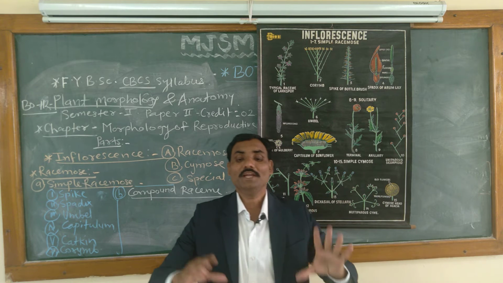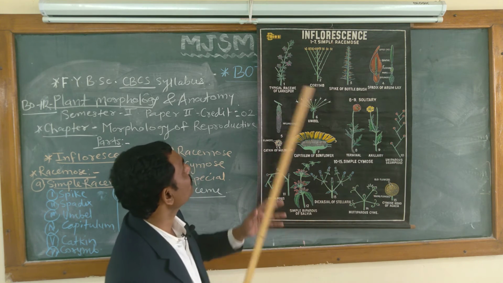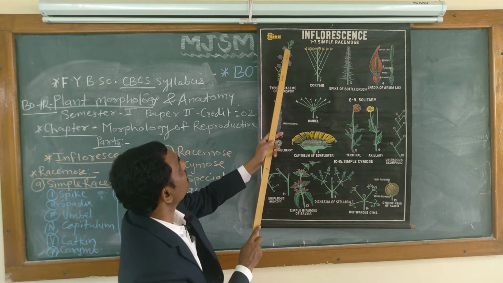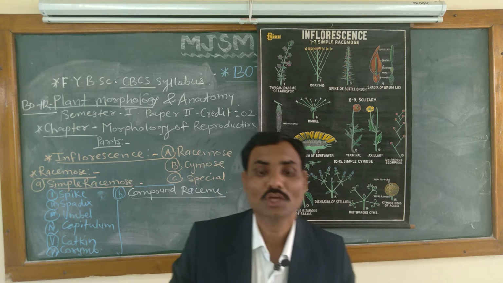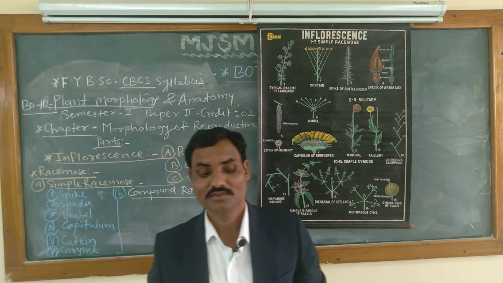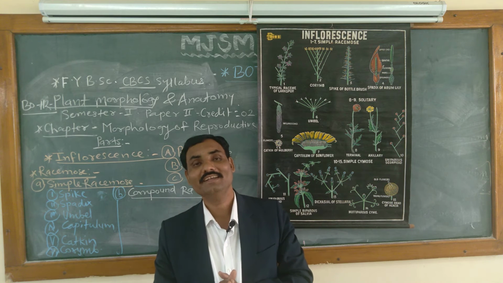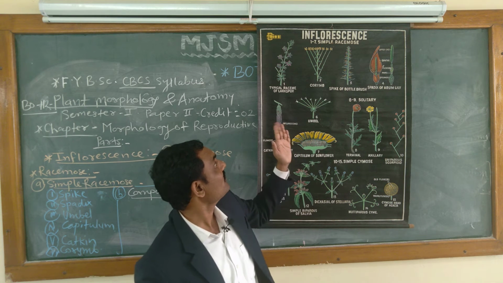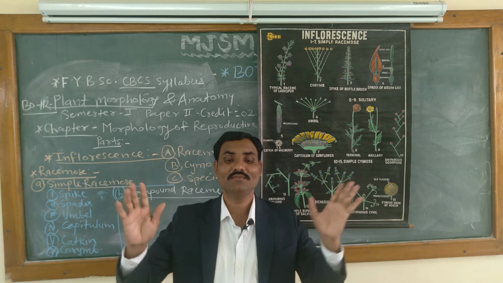Then there is no limit to produce flowers. There are a large number of flowers. You count 1, 2, 3, 4, 5, 6, 7, 8 and different buds are there. There is no limit to produce flowers. Therefore it is also called an indefinite or indeterminate inflorescence.